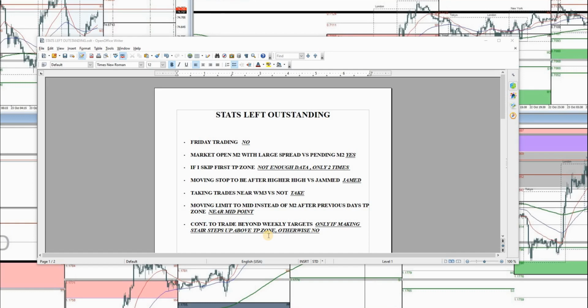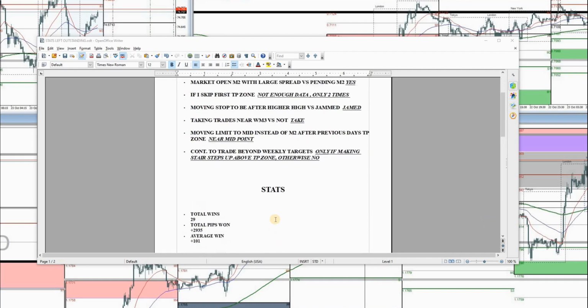But there was one situation where we did have an inside weekly, and price continued beyond the take profit zone in a stair-stepping formation, so I would continue trading beyond that in that situation. Those aren't included in the stats. I actually did not include those in my overall stats listed here below, but here we go.